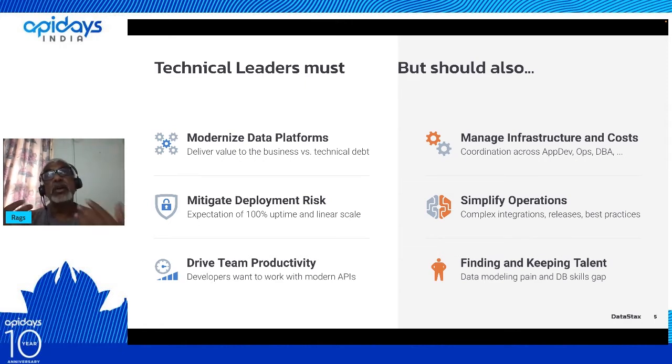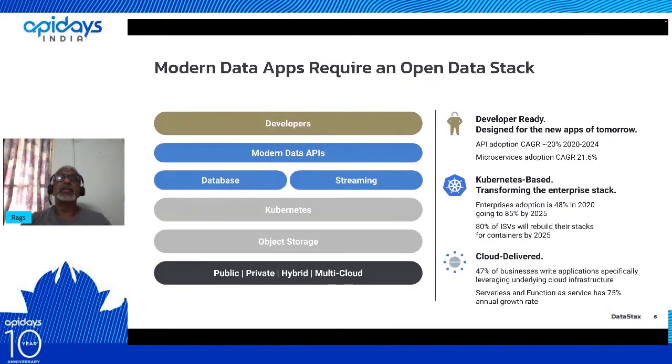And that is good from an industry perspective, because finding and retaining talent is a lot easier, rather than doing something very non-portable, very company specific. I'm not saying that doesn't exist, but I think it's much easier to have an open data stack and work on top of that. So it's developer ready. It's designed for new apps for tomorrow.